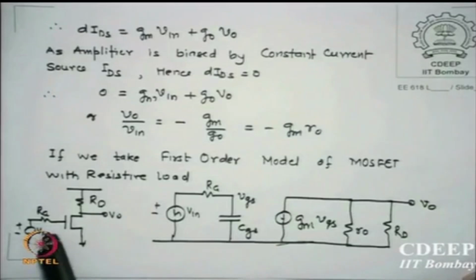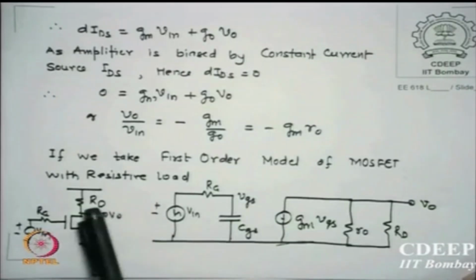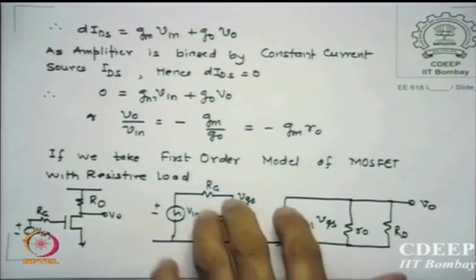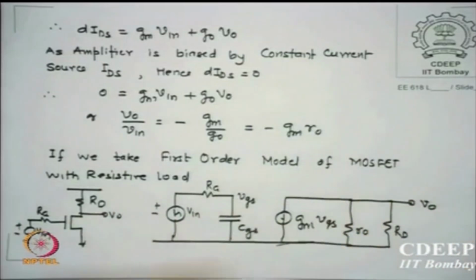Now if we take the first order model using an RD instead of the constant current source, and let us say there is a series resistance with the source, and some capacitance CGS is taken care of, and right now assume that CGD is open circuit at the frequency of my interest.